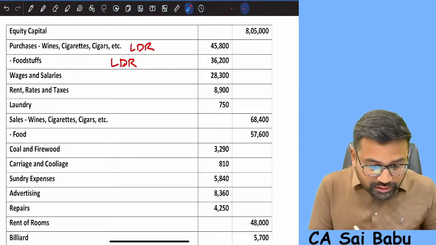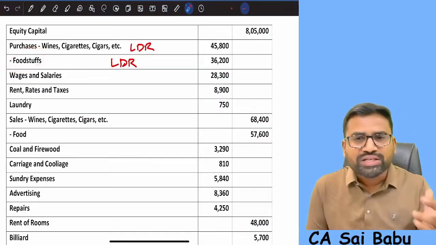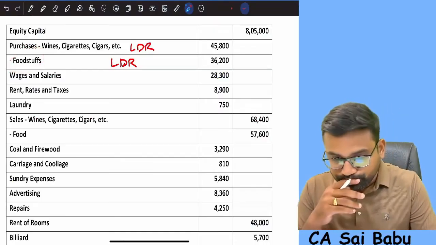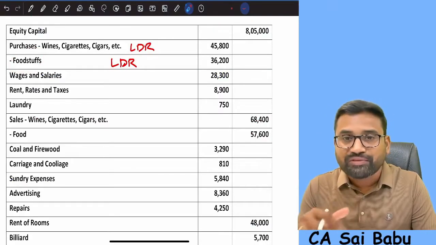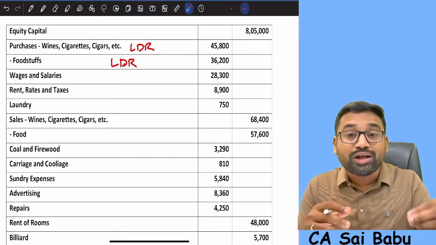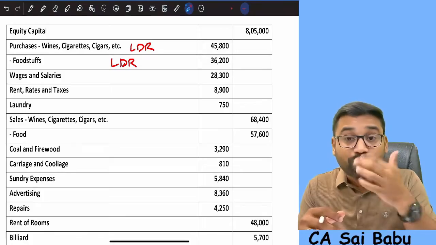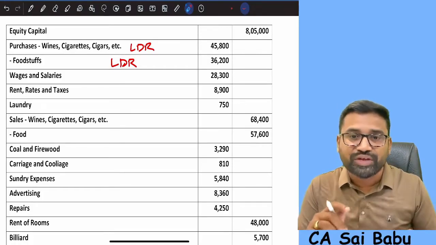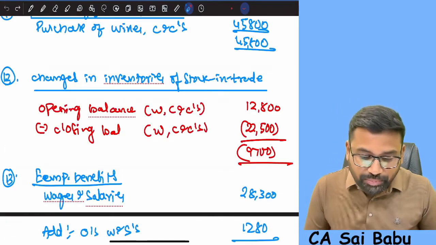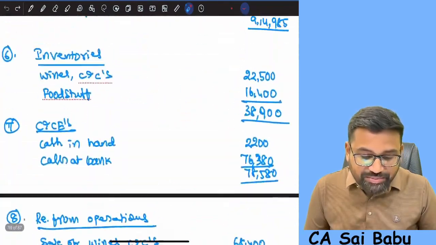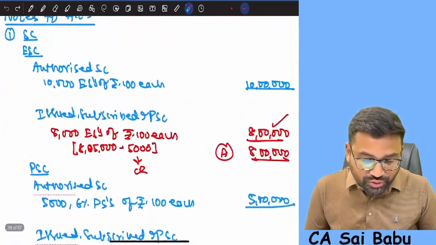And there is one more thing, food stuff. What is this food stuff? A hotel will purchase food ingredients to prepare the food. Now those are called what? Raw material for the hotel. In respect of raw material, as per Schedule 3, what items do we need to present? Consumption we need to present. Therefore, whenever you are preparing financial statements, in respect of food stuff, you need to show consumption.